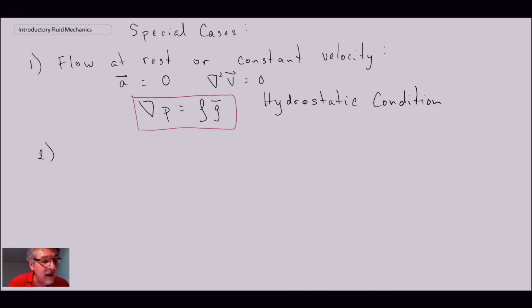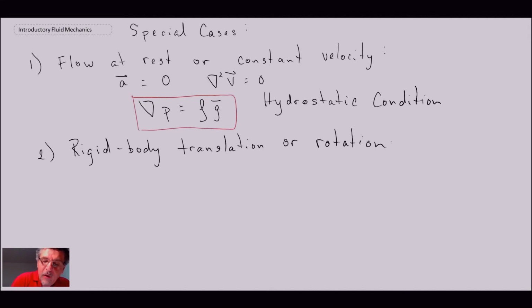Another special case is rigid body translation or rotation. That would be where the fluid is moving, but it's all moving as a solid body movement. So there's no relative motion within the fluid.